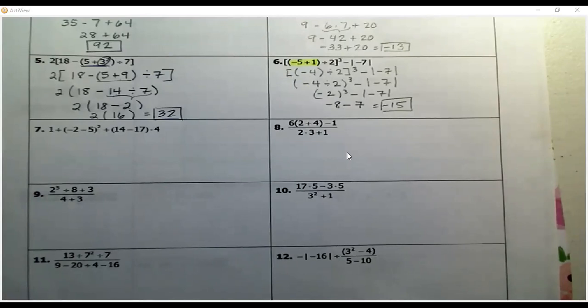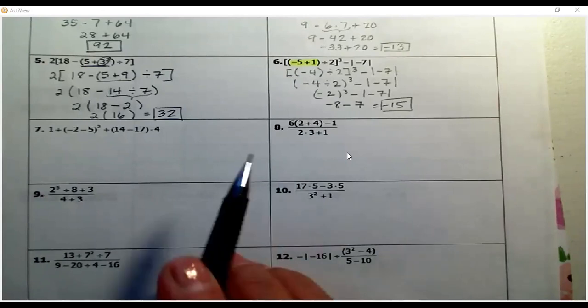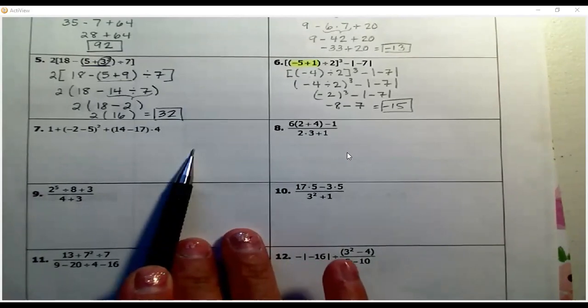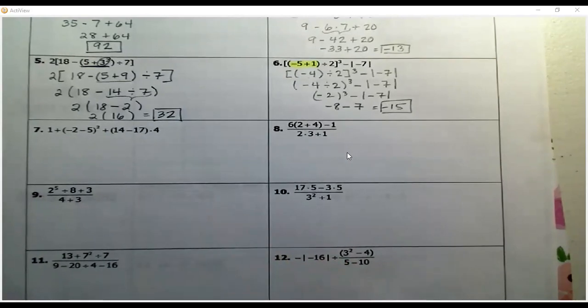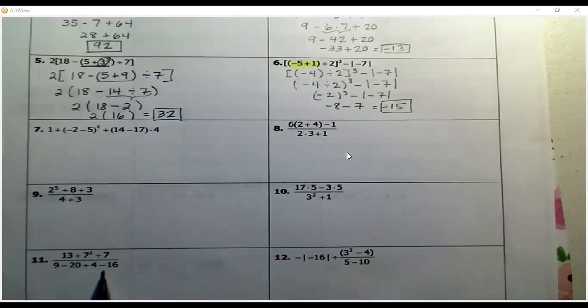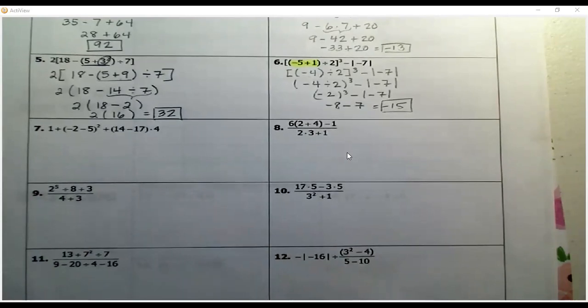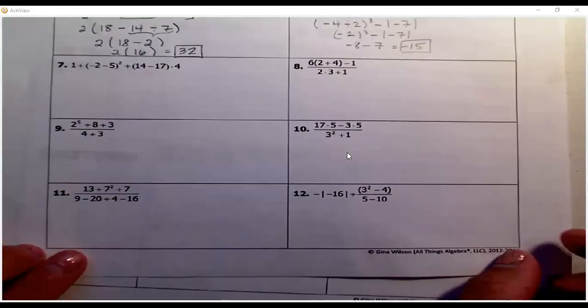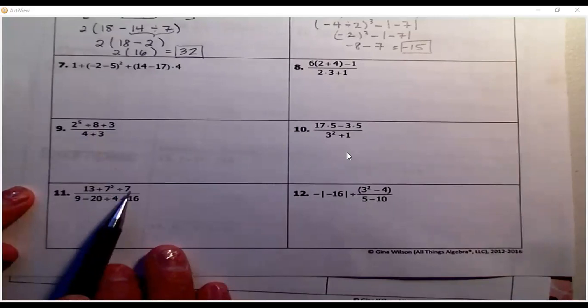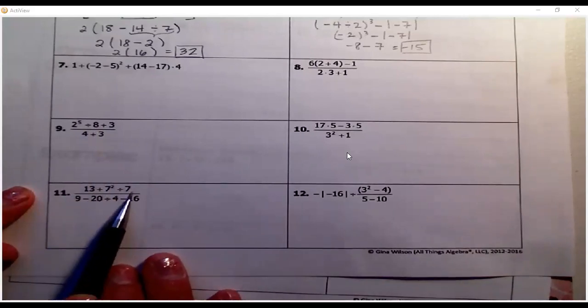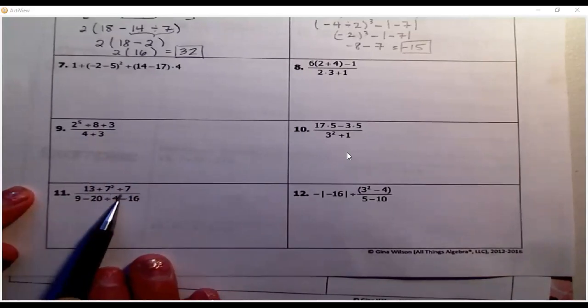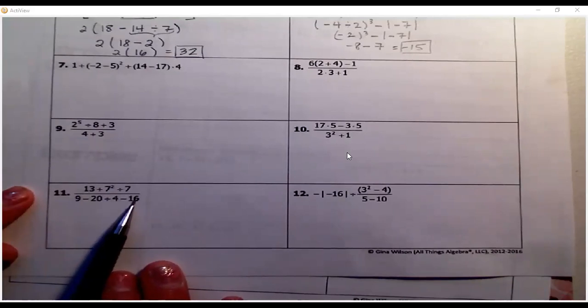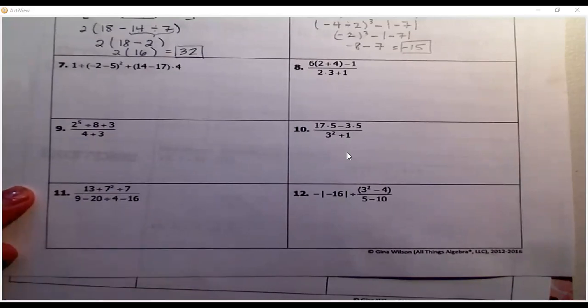Okay, so I'm going to go ahead and let you guys do 7. But I'm going to go ahead and do number 11 right here. Then you can go ahead and finish out the work, okay? So on number 11, whenever we have a value or an expression, and then there's a line over another expression, this is basically just a huge fraction.